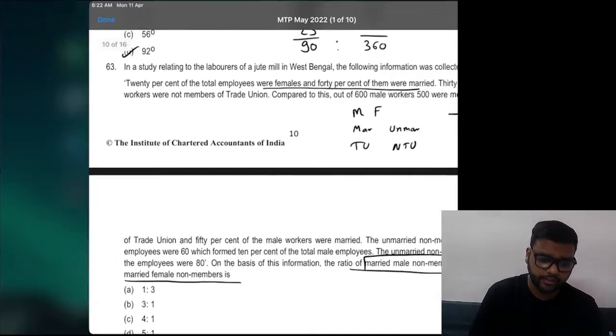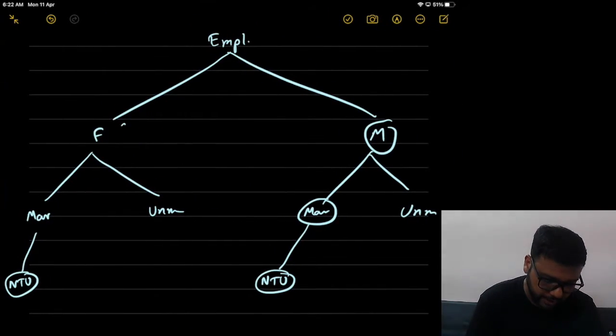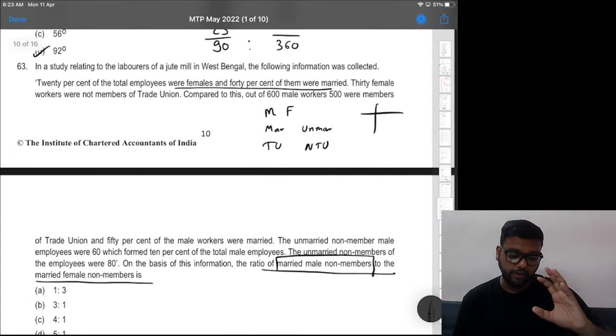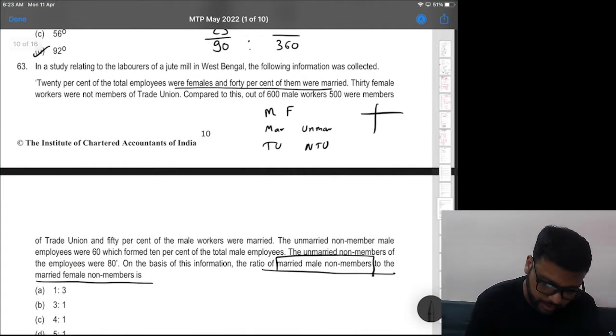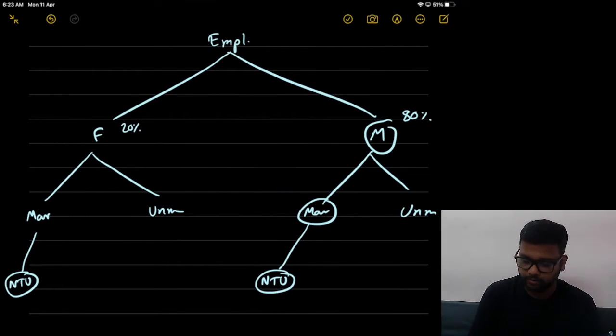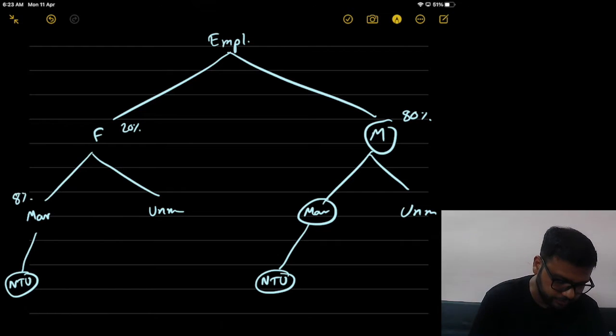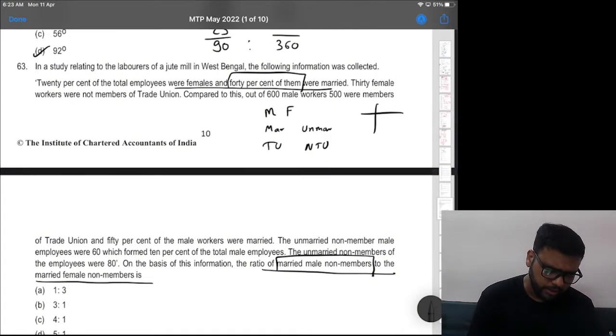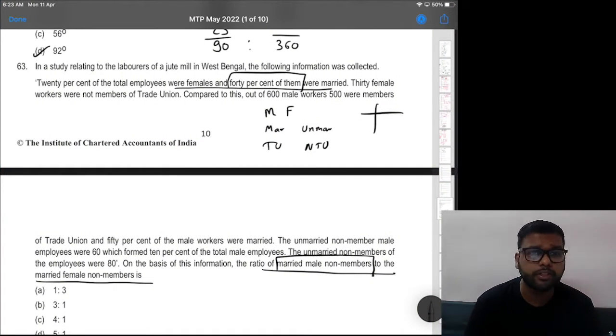20% of total employees were females, that means this is 20%, this is 80%. And 40% of them were married, that means 40% of 20. 20 into 40% is what? 8. So 8% were married. Next, 30 female workers were not members of trade union.